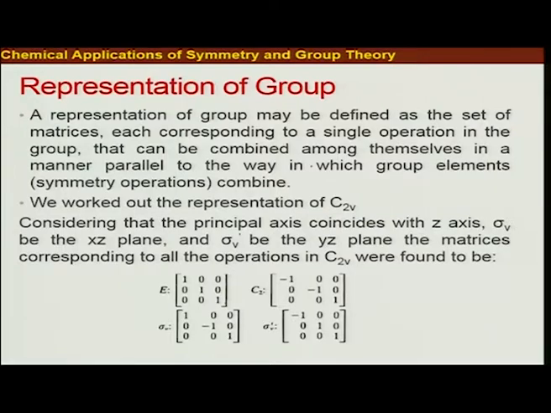So how did we get those matrix representations?